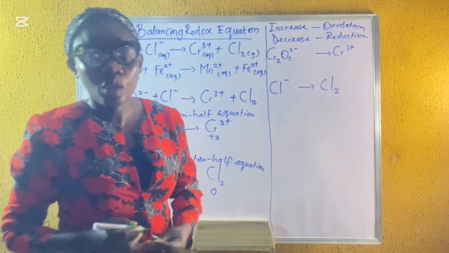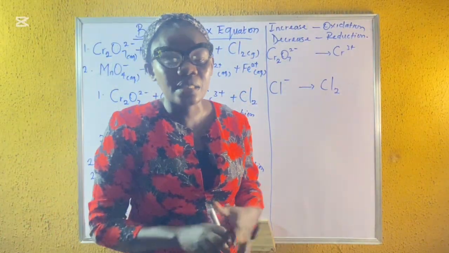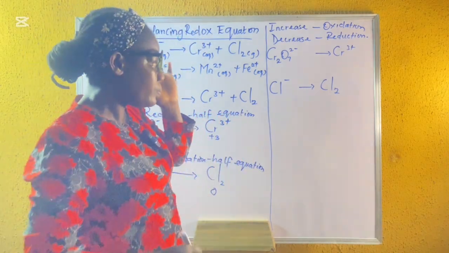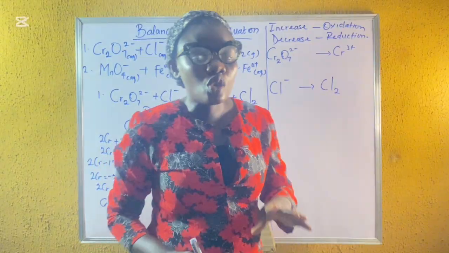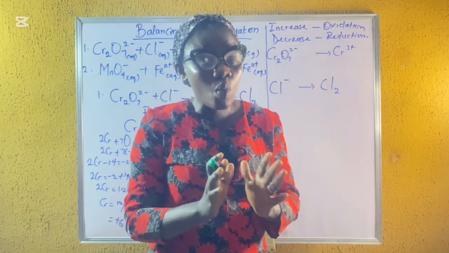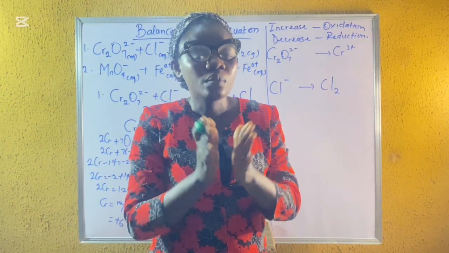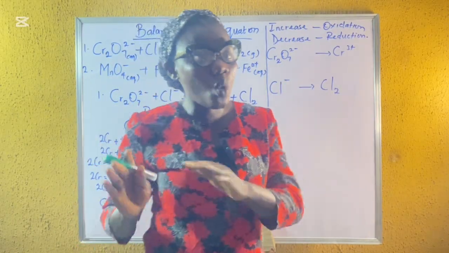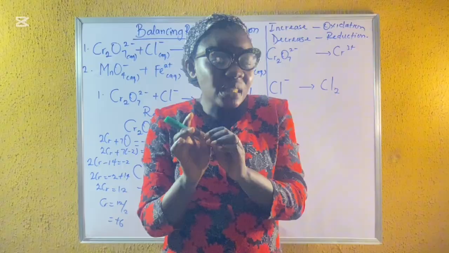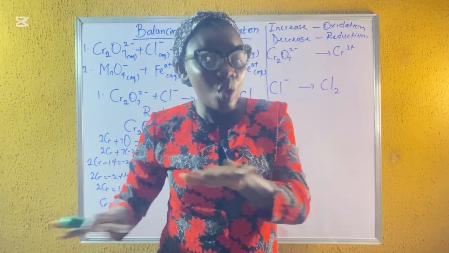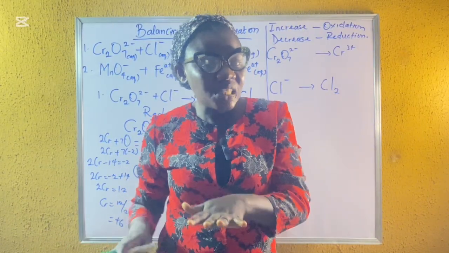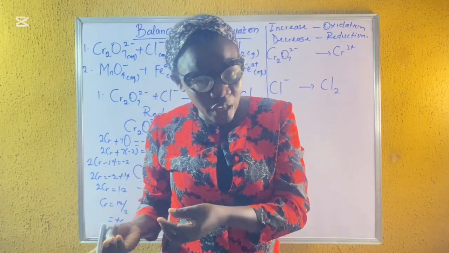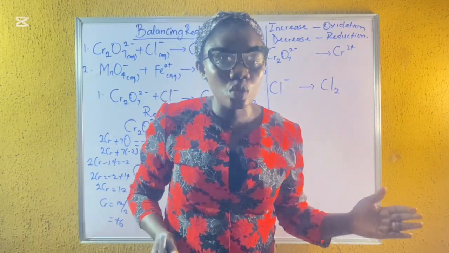After identifying that, the next thing is to balance the atoms and to balance the charges. To balance the atoms, you're going to be adding water to where oxygen is deficient or there is no oxygen at all. You'll be adding H2O, and you'll be adding H+ to the other side.